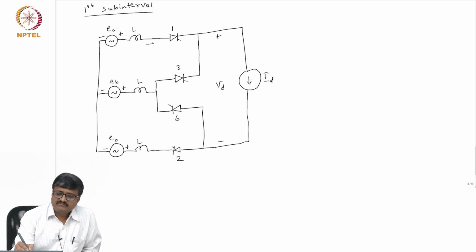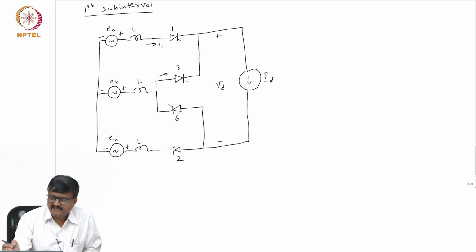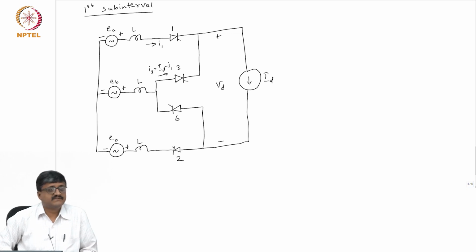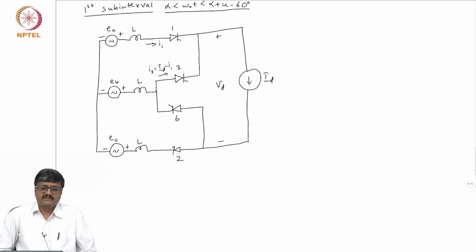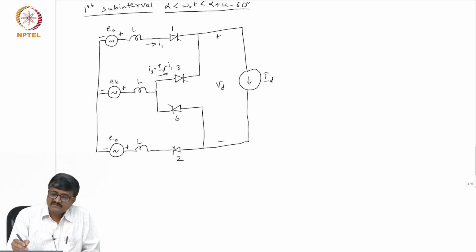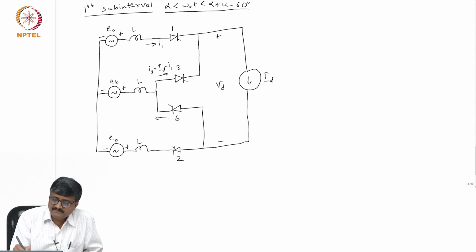So, suppose I show the current through valve 1 as I1, and I do not give a separate label, I mean this is I3 and I3 happens to be equal to ID minus I1 in the first subinterval. So, I am just drawing the circuit for alpha less than omega t less than alpha plus u minus 60 degrees. So, for this first subinterval I3 is ID minus I1 and this is I6.